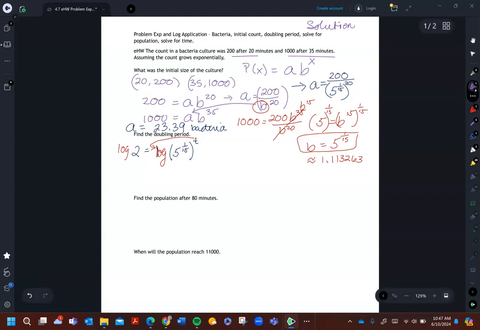So I end up with log 2 equals T log 5 to the 1/15th, which is my B. Or you could put in 1.1132686, but make sure you write out enough places or you will get rounding error. Then go ahead and divide both sides by log 5 to the 1/15th.